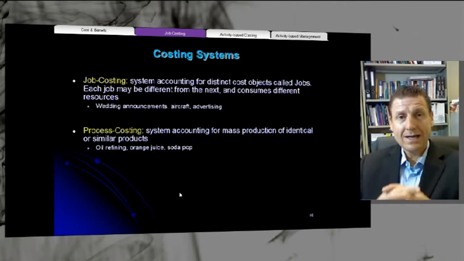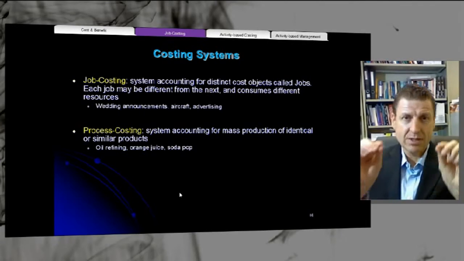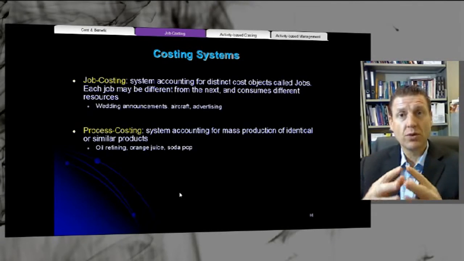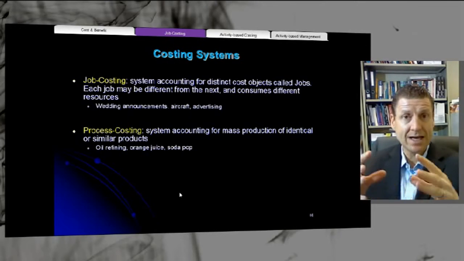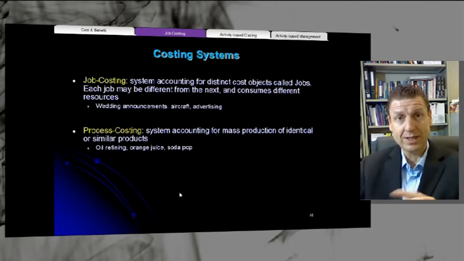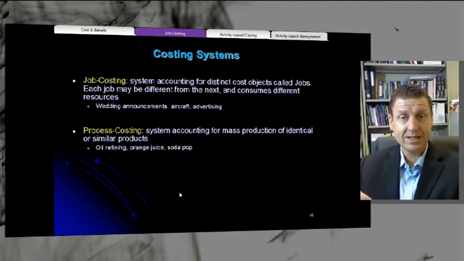So understand that there are two different costing systems, job costing and process costing. When we move to a more advanced stage of costing, activity-based costing, we're really focusing on job costing, not process costing, for the allocation of activities that actually cause costs to occur.